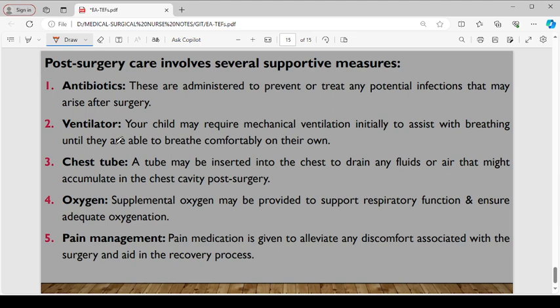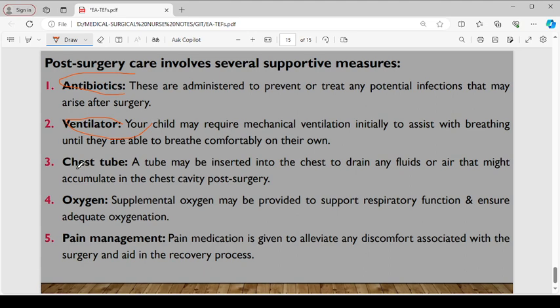So post-surgery, you could administer antibiotics just to prevent and treat any potential infection that may arise after surgery. The baby may also need a ventilator, okay, for mechanical ventilation initially just to assist in breathing until they are able to breathe on their own.